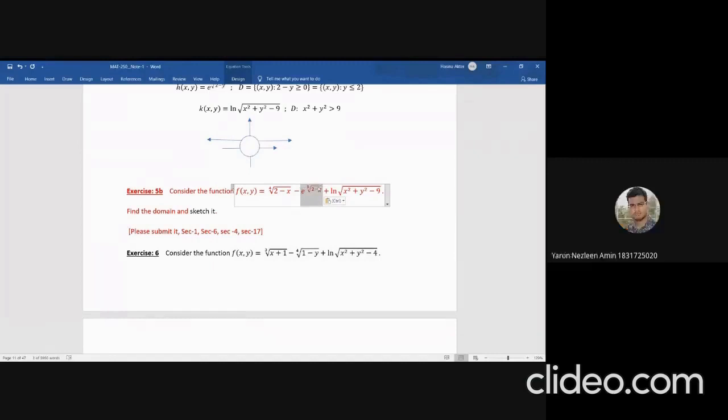Miss, I didn't get you. Sorry. You didn't get which point? Miss, the thing that you just said. Because the domain of this function is the whole xy plane. The domain of the basic exponential function as a function of two variables.